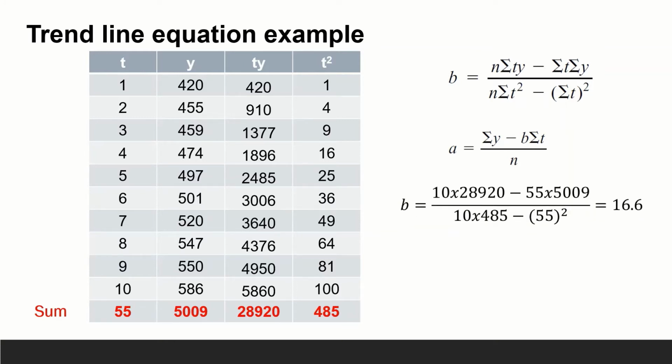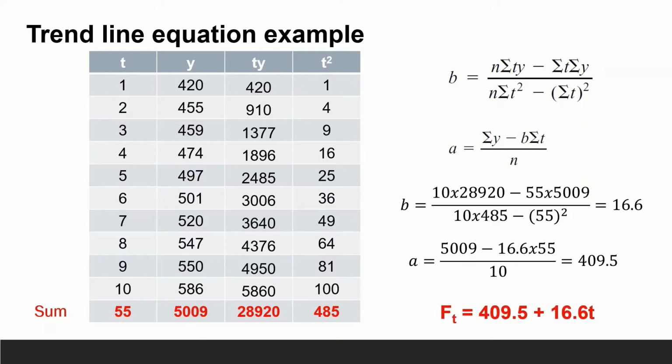Now, substituting in the equation of b gives the value of b equals 16.6. And substituting in the equation of a gives the value of a equals 409.5. So the linear equation is Ft equals 409.5 plus 16.6t.